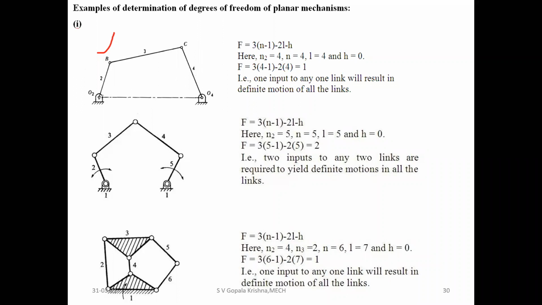Again 4: O2, B, C and O4. Here you have to observe one thing: there is no connection between O2 and O4. They are representing both on the same axis, so the axis line is mentioned here.